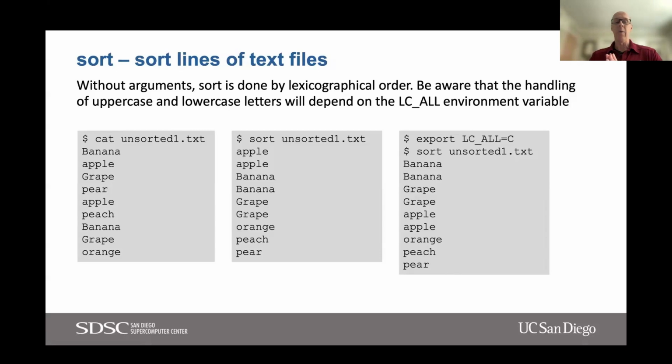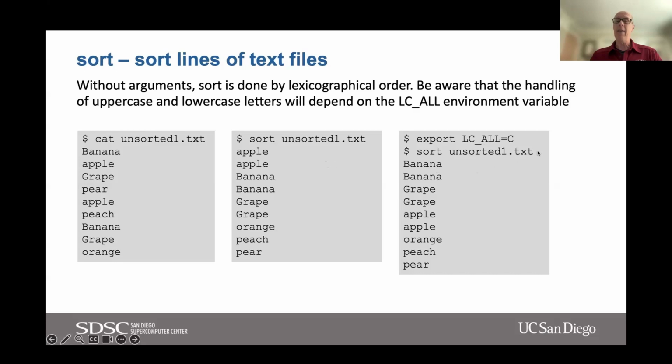So if I do a sort with no other arguments, I'm going to get this lexicographical sort: apple, banana, grape, orange, peach, pear. Notice though that apple, lowercase apple, does appear before banana, and so on. This is a sorting that I think you would normally want to do.